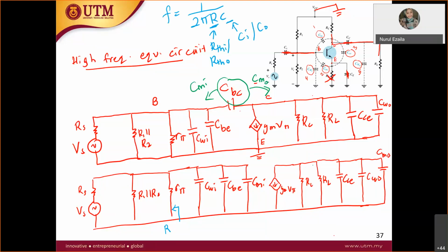I don't know why the book used TH instead of just R total. So you have RTH in, RTH out, and C in and C out.